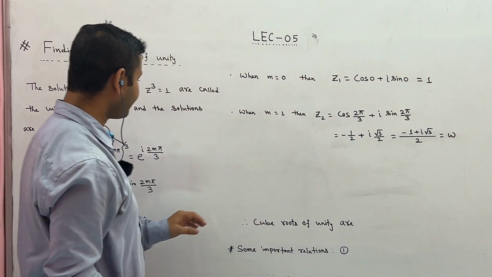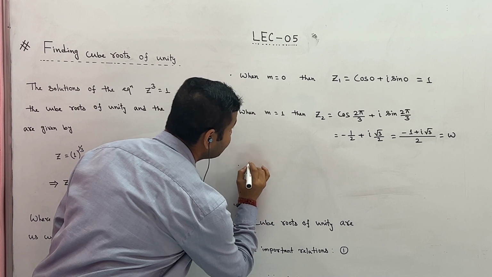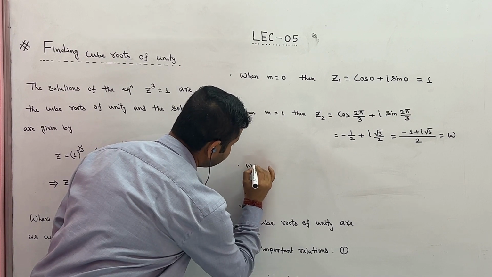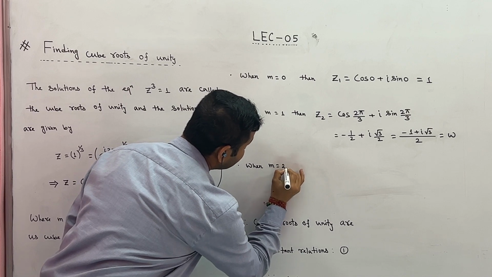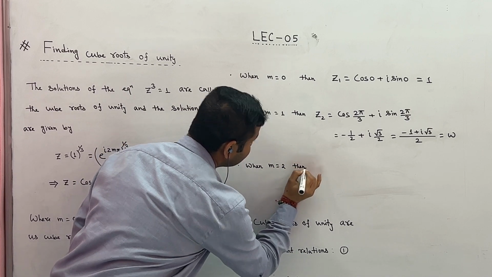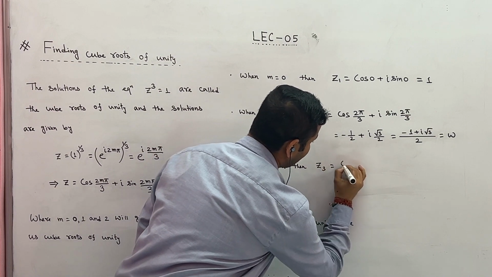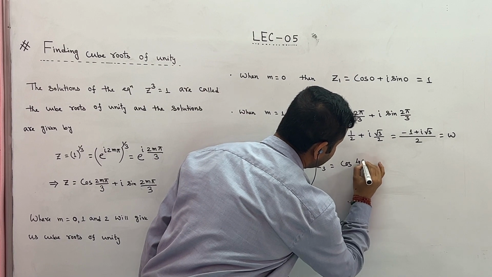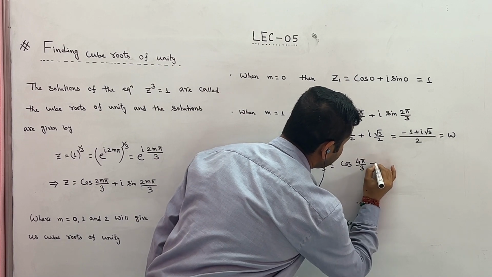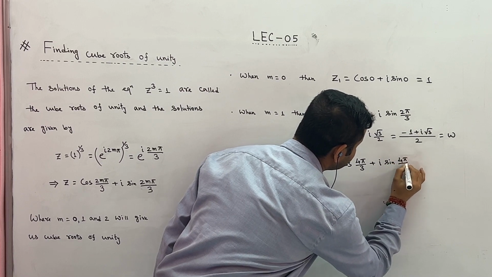Okay? Next, when we put m equal to 2, we will get the third root. So when m equal to 2, z3 will be equal to cos 4 pi by 3 plus iota sine 4 pi by 3.